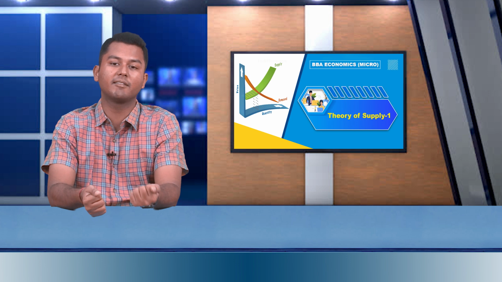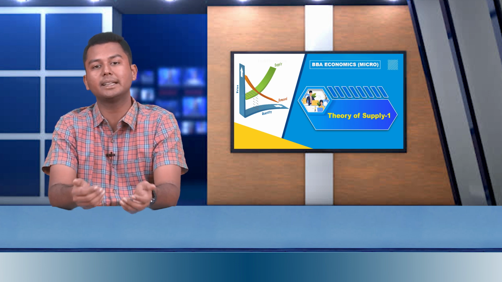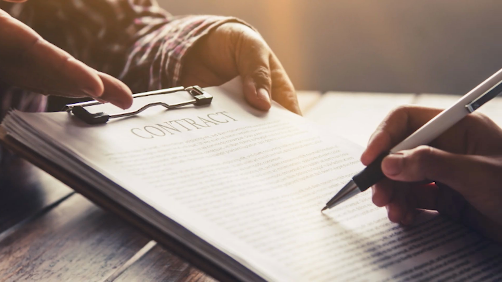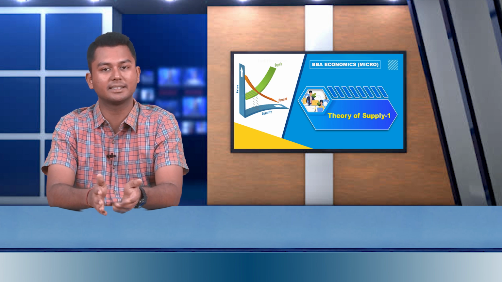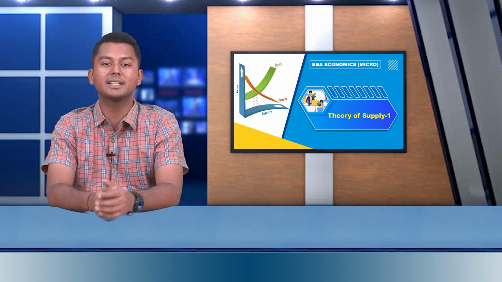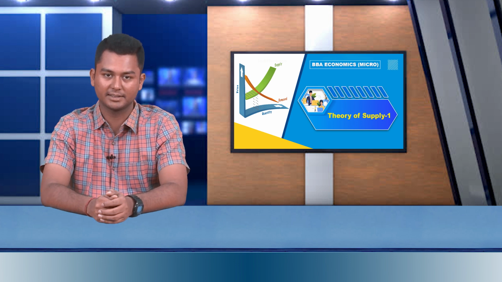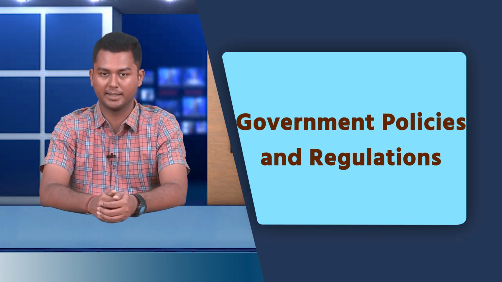Even if producers are willing to pay for materials, shortage of key inputs can limit production capacity and reduce supply. Long-term contracts, strategic sourcing and vertical integration are business strategies that might help manage input price and availability risk, stabilizing supply capabilities. Government policies and regulations also have a significant impact.